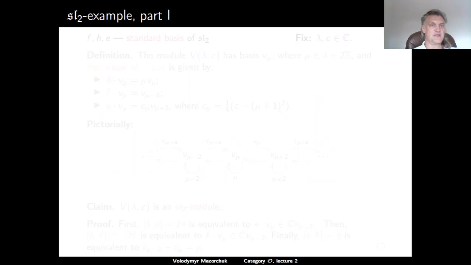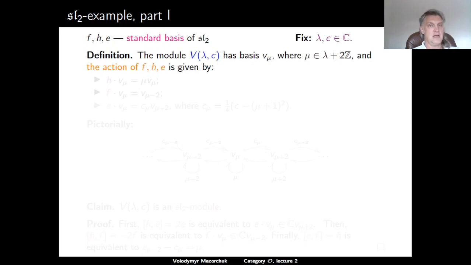So let's consider the following SL2 example. SL2 is a Lie algebra with a standard basis consisting of F, H, and E. H is a Cartan element, F is a lower triangular matrix, and E is an upper triangular matrix. Let us fix two complex numbers, lambda and c, and define the SL2 module V lambda c in the following way.